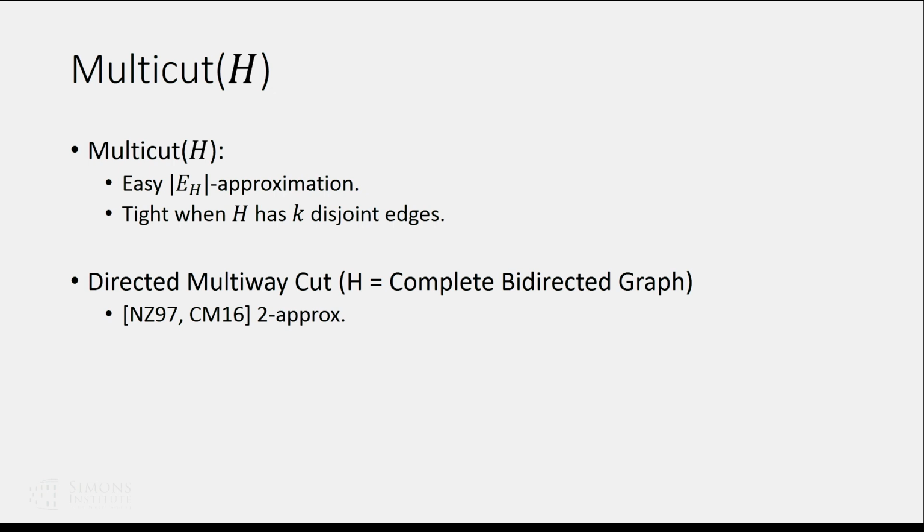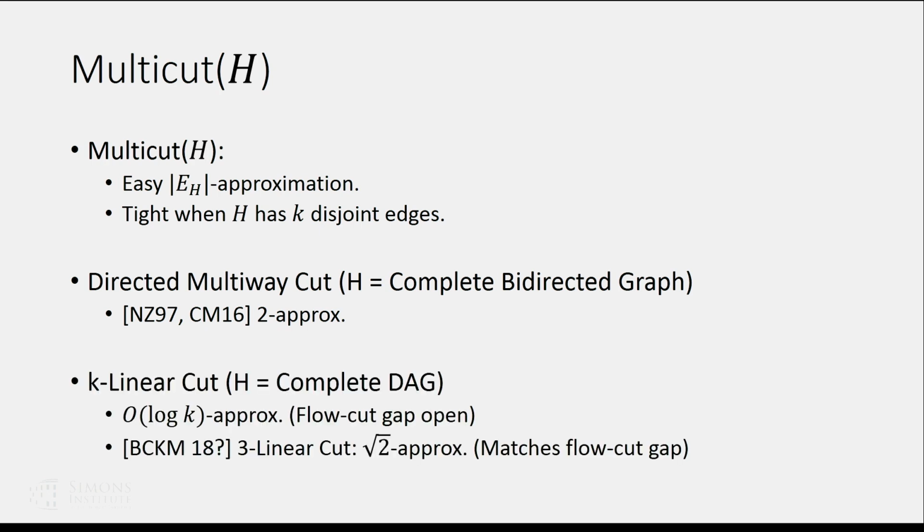For example, if H is a complete bidirected graph, then this problem is exactly directed multiway cut, and we know a two approximation for every H. And if H is a complete directed acyclic graph, then this problem, as I described earlier, is called K linear cut, and it has a log K approximation algorithm. Surprisingly, its flow-cut gap is still open. So it's still possible that it admits a constant approximation algorithm where the constant doesn't depend on K at all.